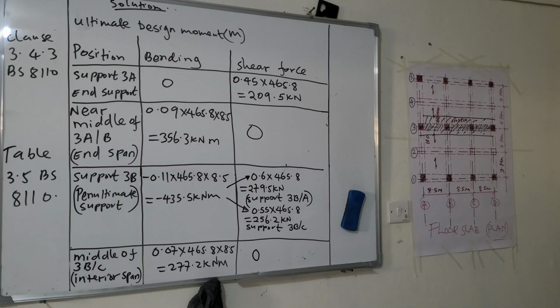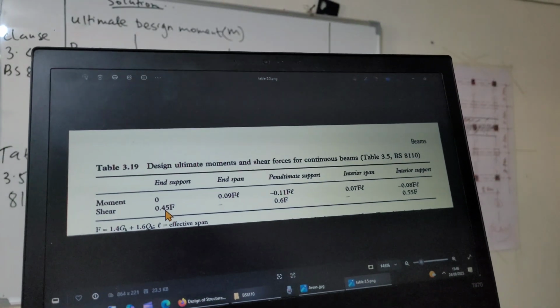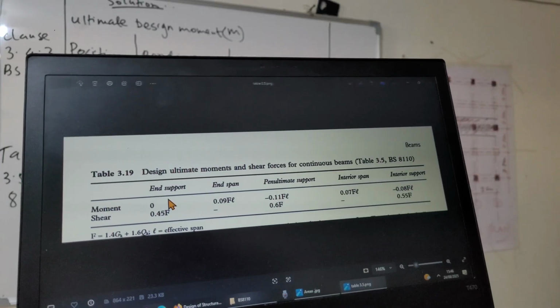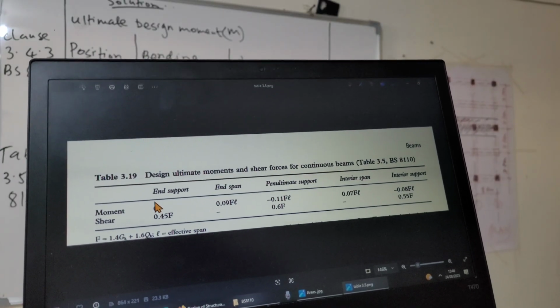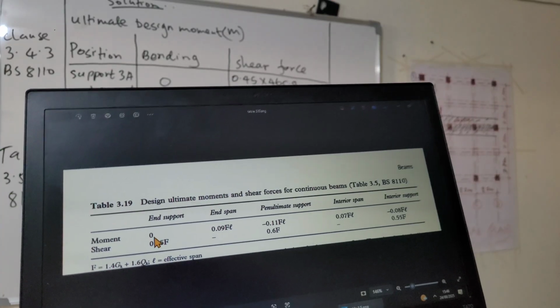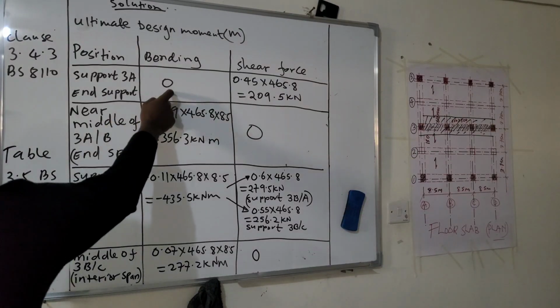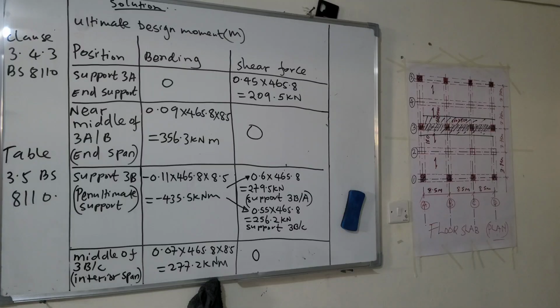Like that. So if you proceed to table 3.5 of BS 8110, that is the table. You can see end support. Our end support is 3A. Moment is 0 for the end support. Then we proceed to shear.